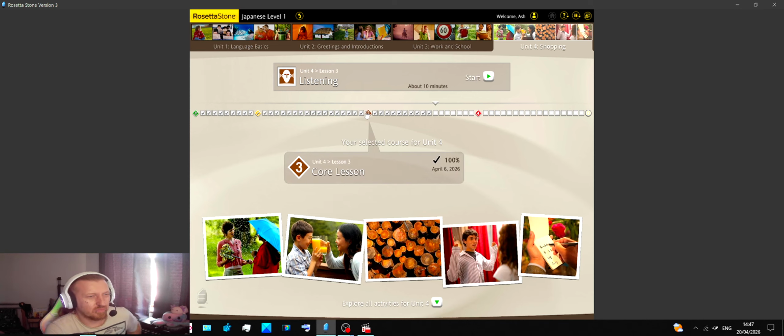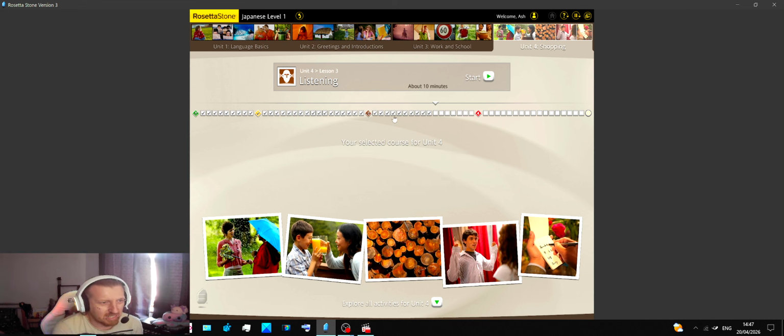Now we've got to the more intermediate stuff, the core lesson 3 bits, and then obviously the lesson 2 repeats. So today is the listening module, and its repeat. They're both about 10 minutes, so I'm going to estimate it's probably about 12 slides or so for each one.